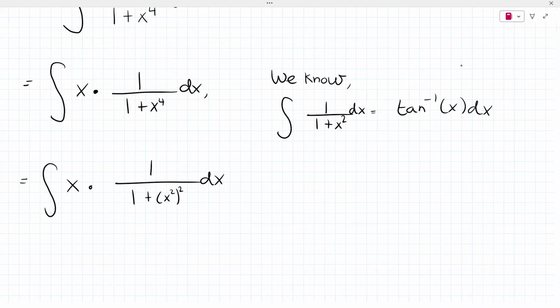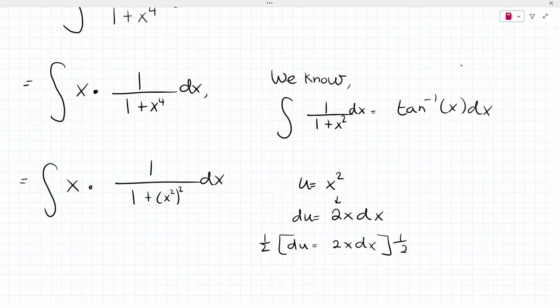Now I think what we could do next is use a u substitution, and I'm going to use my u as x squared, and my du is going to be 2x dx. And unfortunately, we have to get rid of this 2 because we don't have an extra 2. So what I'm going to do is multiply both sides by 1/2. So this is going to be 1/2 du, and then 1/2 times 2 is x dx.